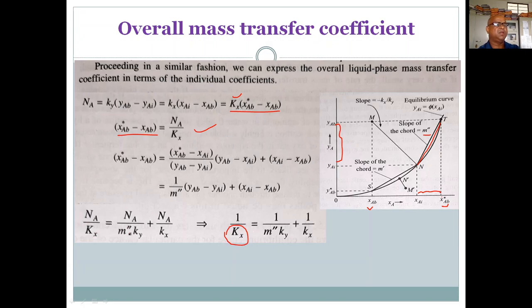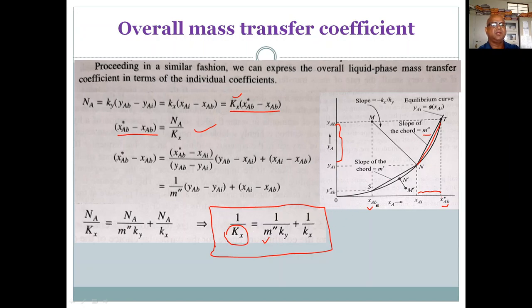This 1 by M double dash is there, so this is equal to N by small ky, and this will be N by small kx. So now N will cancel out. So the overall mass transfer coefficient based on liquid phase is equal to this relation, where M double dash is this slope.